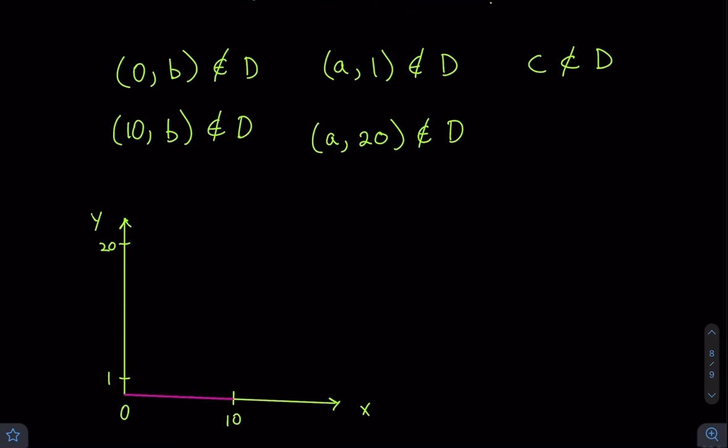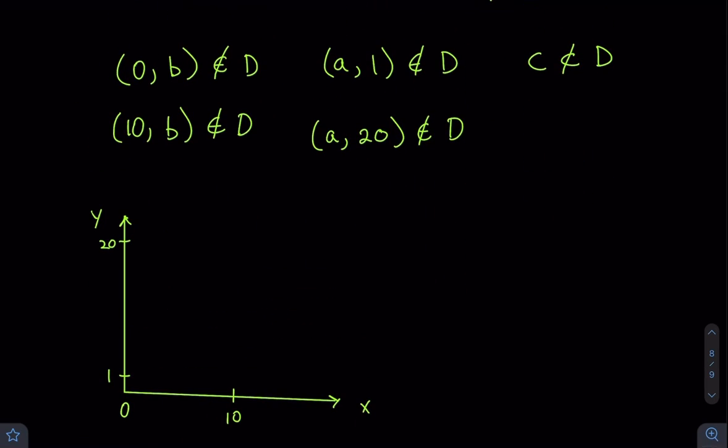So actually, our rectangle will start here, and it's going to go up to 20. And this is not the straightest rectangle. Let me try to make it a little better so we can see it.